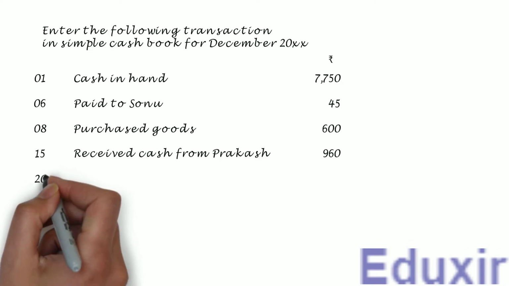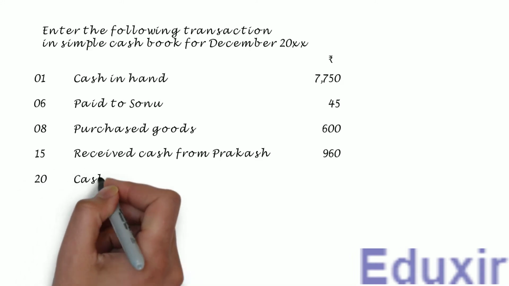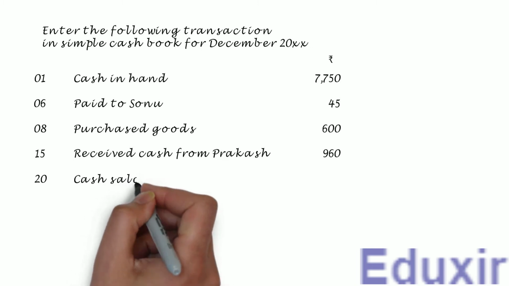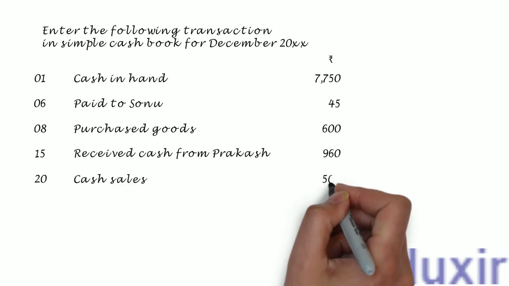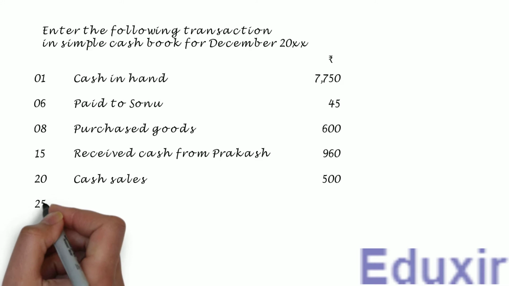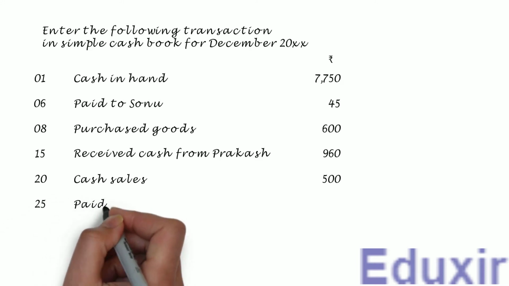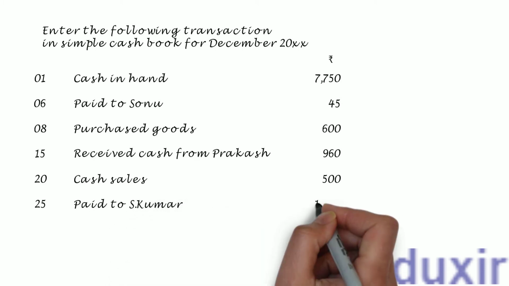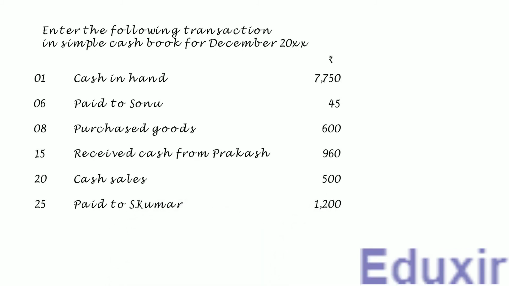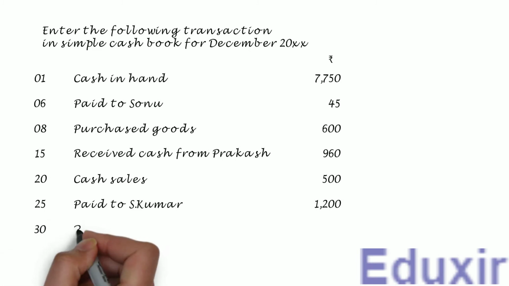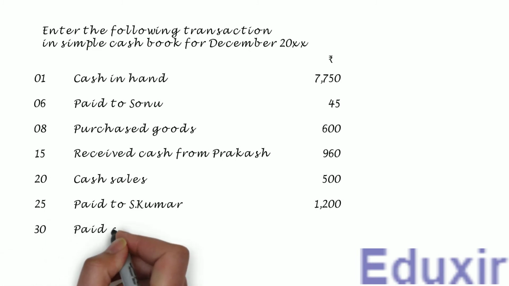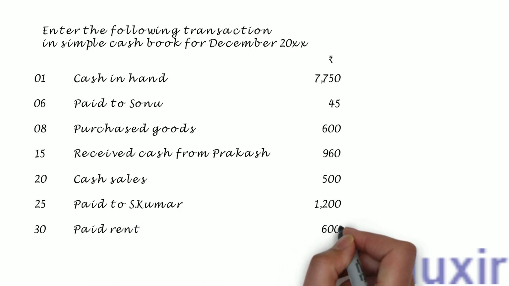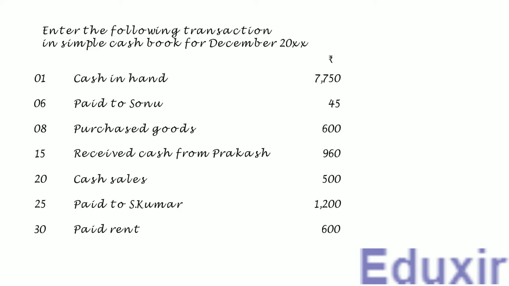On 20th December, cash sales 500 rupees. On 25th December, paid to S. Kumar 1200 rupees. On 30th December, paid rent 600 rupees.